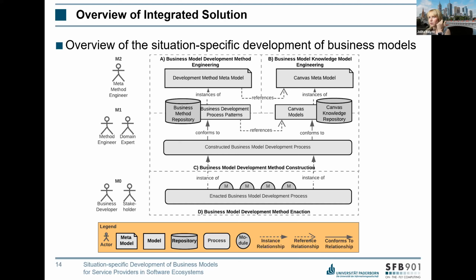And then your repository will not be a canvas knowledge repository, but a business model definition repository. Depending on how many different shapes it could take, this is one of the situational parameters. That means you decide what kind of business model you want to produce.